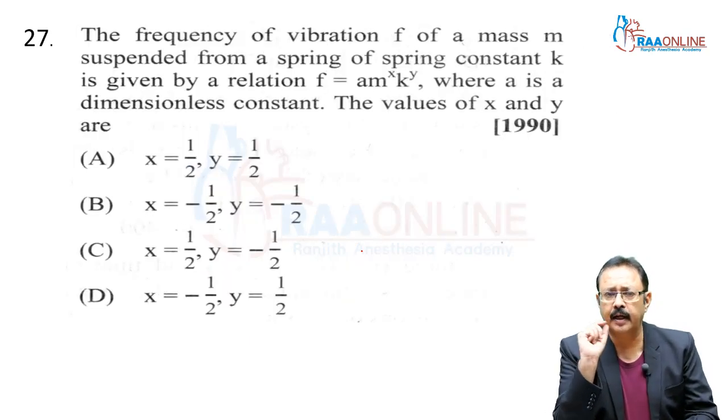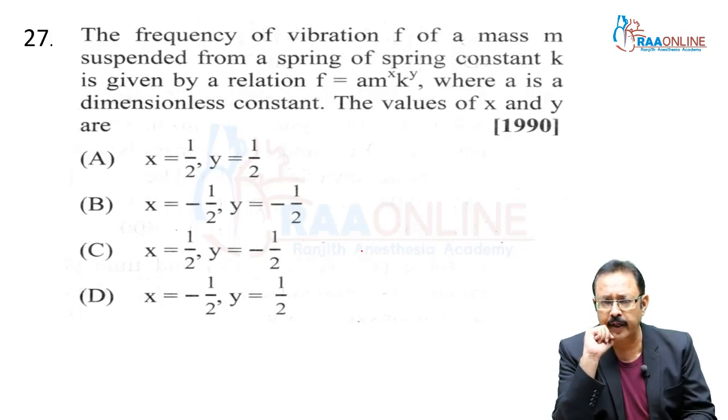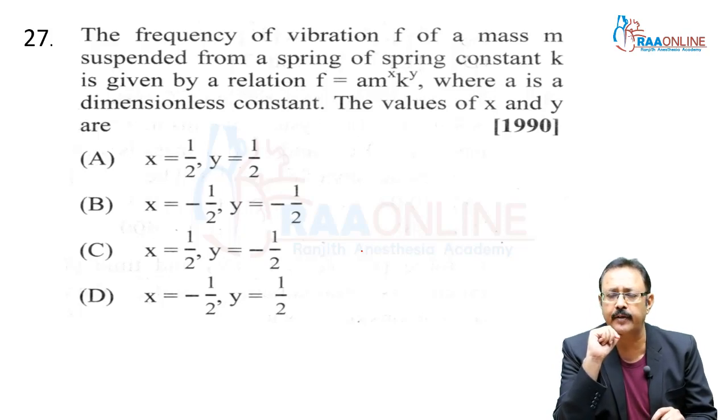Next, the frequency of vibration of a mass m suspended from a spring of spring constant k is given by the relation f equals a m raised to the power x k raised to the power y, where a is a dimensionless constant. The values of x and y are, again, principle of equality.